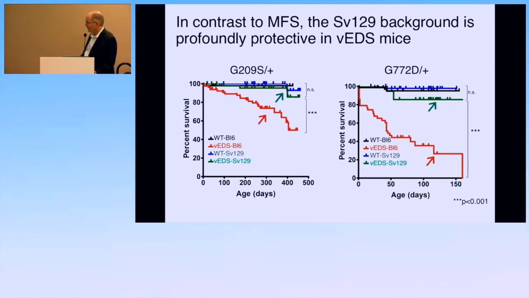So as you can imagine, we're doing the interbreeding study to try to map the modifier that's responsible for protection. But this is the first evidence that I've observed that suggests that nature does have a strategy to beat this devastating condition.